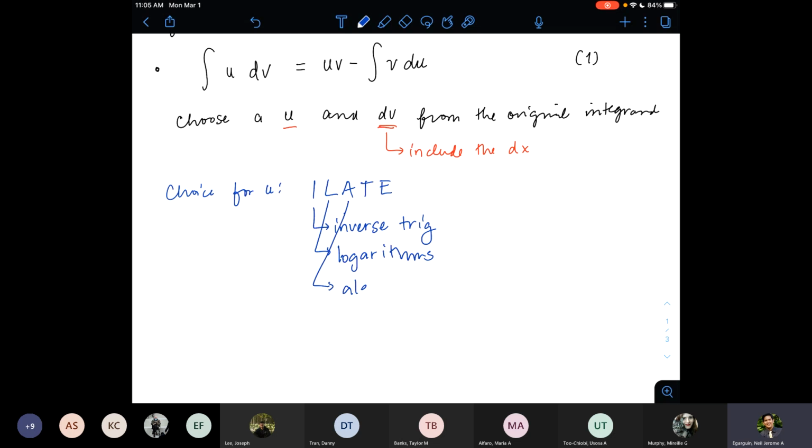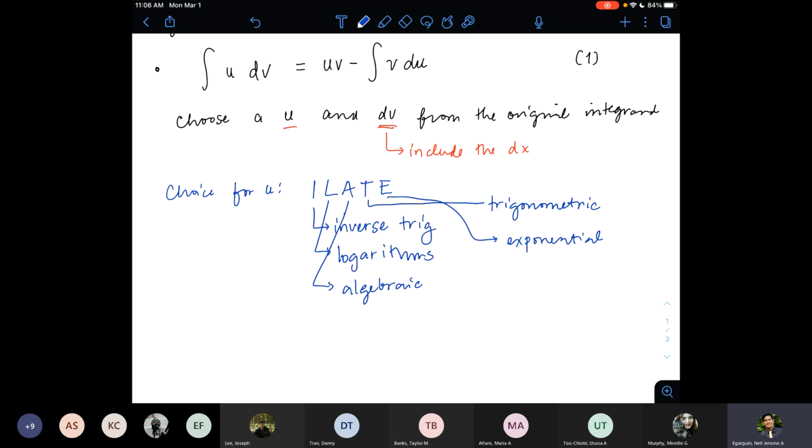A is algebraic. T is for trigonometric. And E is for exponential. So whichever comes first in the list usually is the better choice for you. And then whatever remains would be your choice for the dv. So this is a good mnemonic to remember to give you the candidate for u.